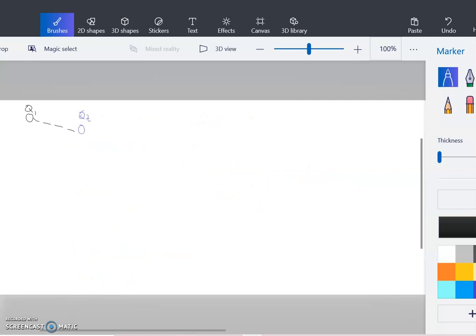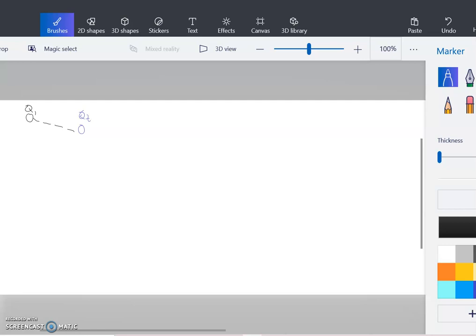We will cover the electric field intensity. Imagine there is a point charge Q1 here and there is a point charge Qt here. This Qt will experience a force due to Q1.